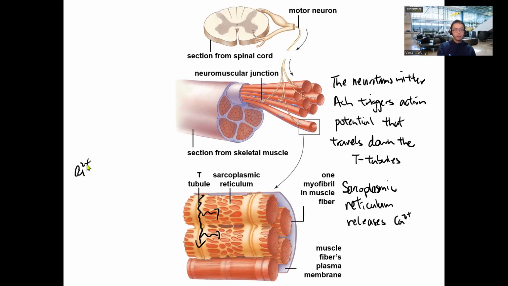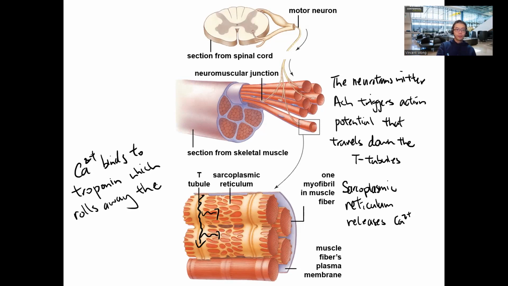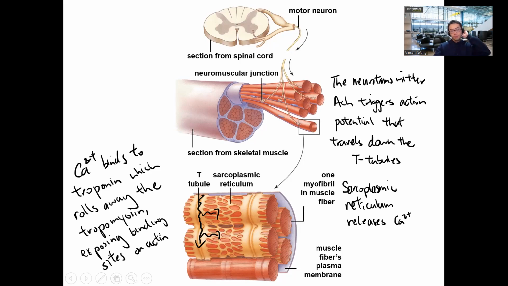Then calcium binds to troponin, which rolls away the tropomyosin, exposing binding sites on actin. All right.